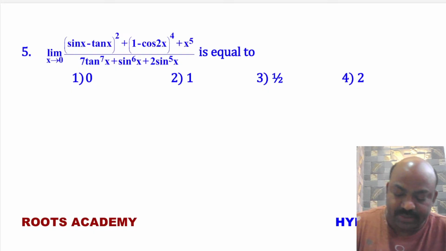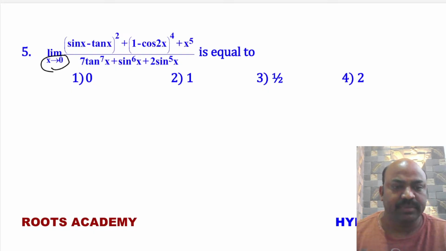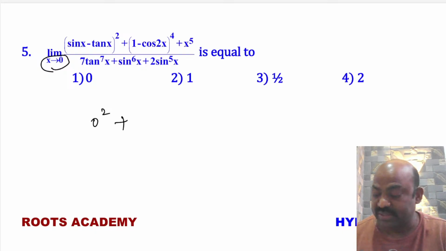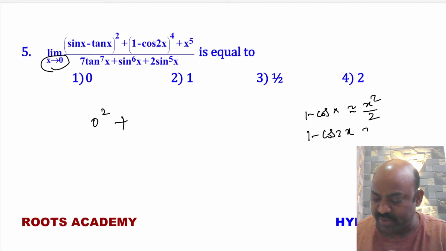So how to attack? It's a standard limiting case. In the standard limiting case, sin x minus tan x is 0. So this is 0 square. 1 minus cos x, what is 1 minus cos x we learned in the standard limiting case? x square by 2. Then 1 minus cos 2x will become 2x whole square by 2.